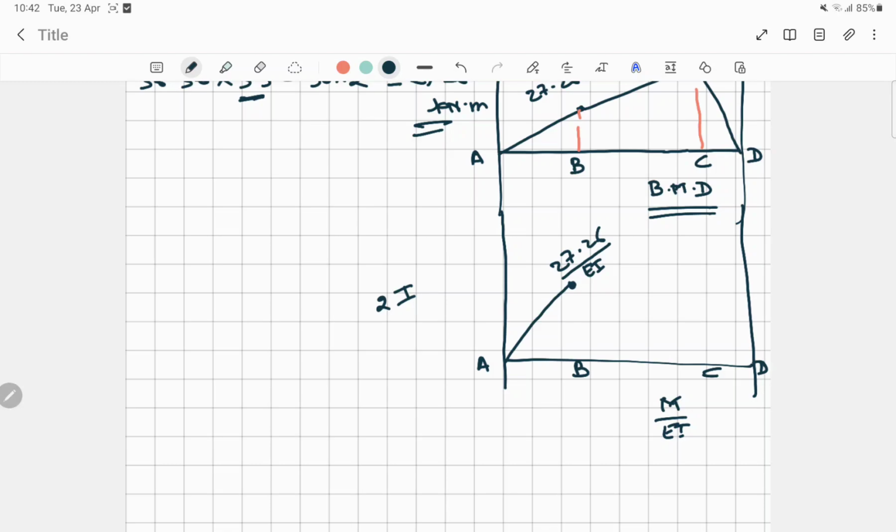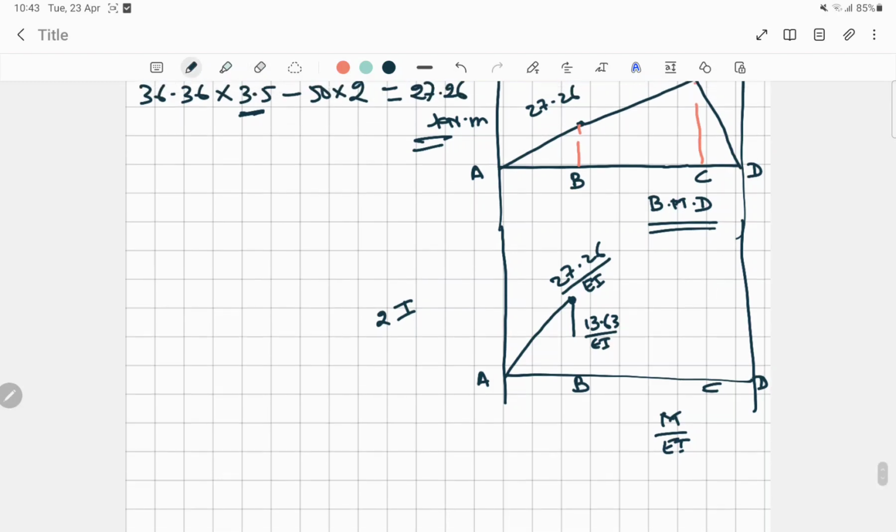So now what we have to do? 27.26 divided by 2. So we'll be getting the value around 13.63. Okay, so 13.63, it's the lower point, right? It will be 13.63 by EI.